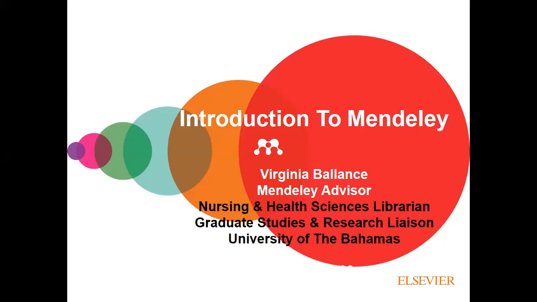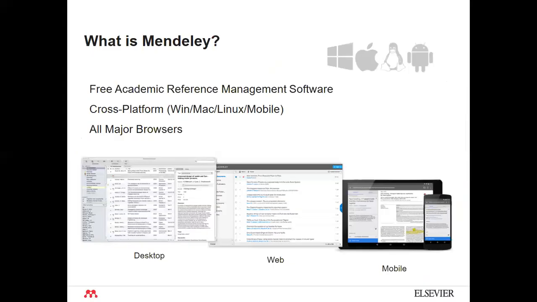Then it got taken over by Elsevier, the publisher, and they have added many upgrades and new features. As Dr. Vic said, it runs on many platforms and devices. So you can have a version on your desktop, laptop, and on a mobile device. So you have access to all these PDFs and articles that you want to read from wherever, whenever. It's a free reference management software for academics.